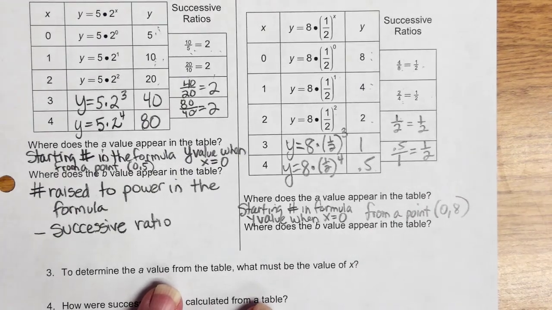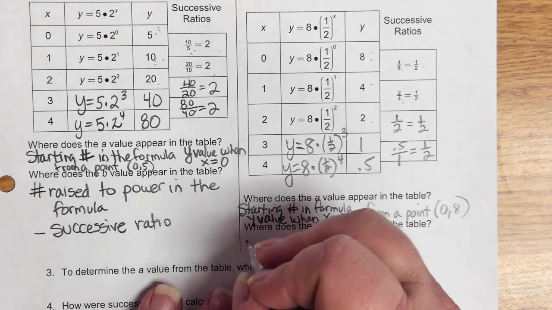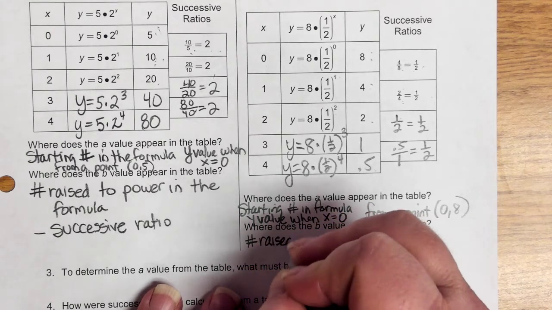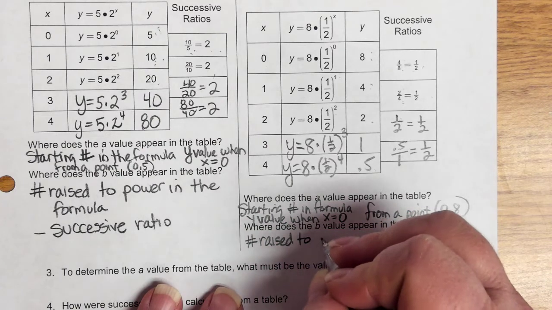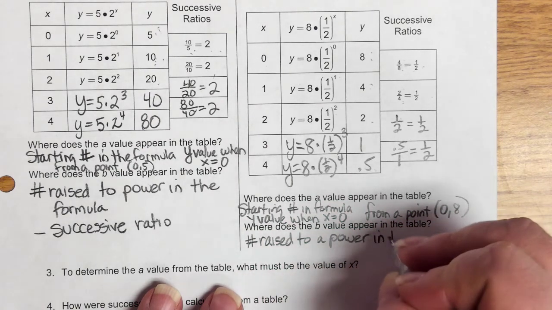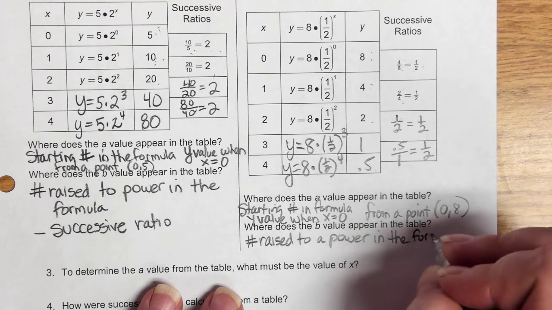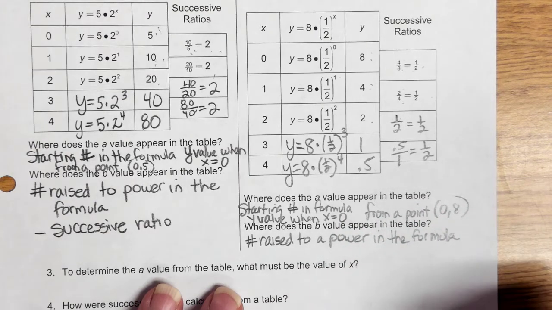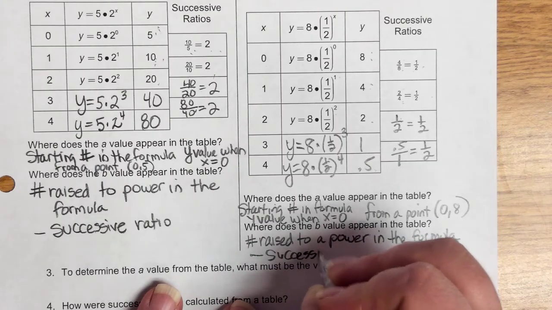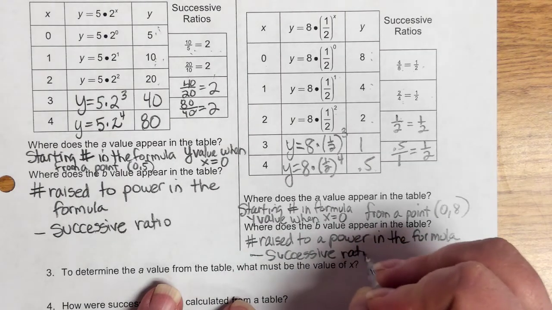Okay. Where does the b value appear in the table? The number raised to a power in the formula. Okay, and it is also the successive ratio.